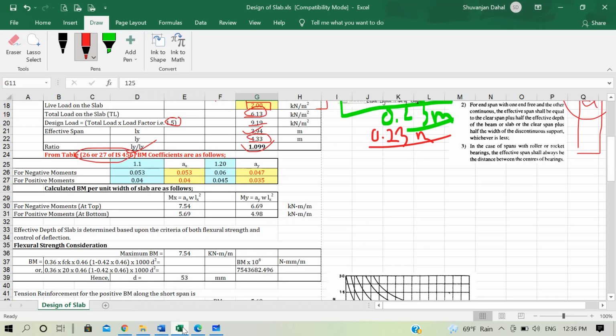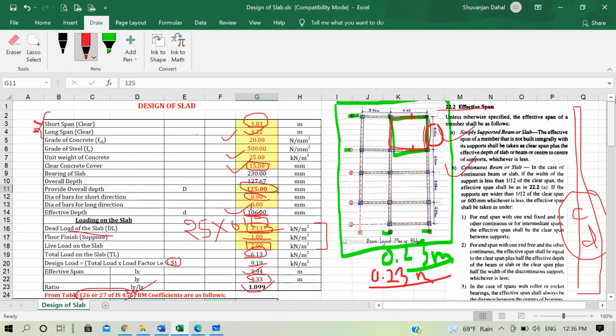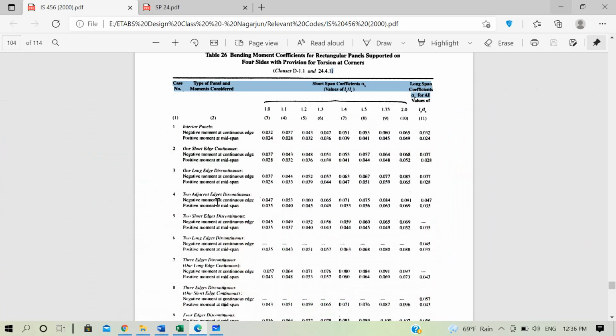So if you see here, our panel is at the edge and we have one shorter edge discontinuous and one longer edge discontinuous, or you can say we have two adjacent edges discontinuous. So that panel condition is given in number 4.